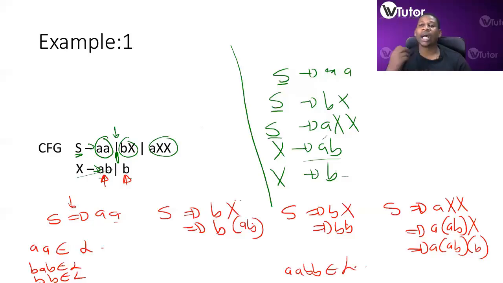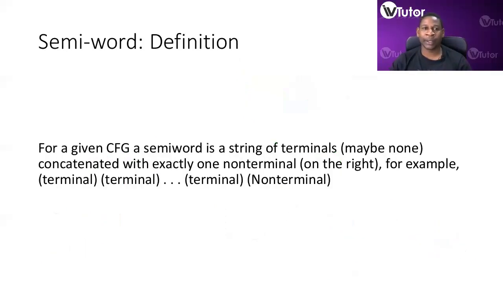I hope we see how we derive words from a context-free grammar and how we can manipulate the given productions to generate a word that we want to generate. Any questions so far? No? Okay, good.